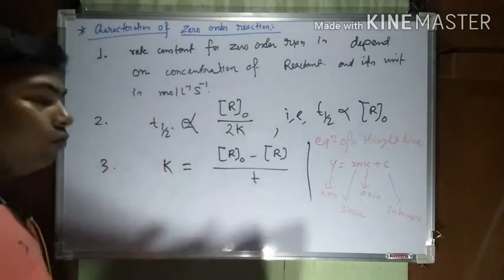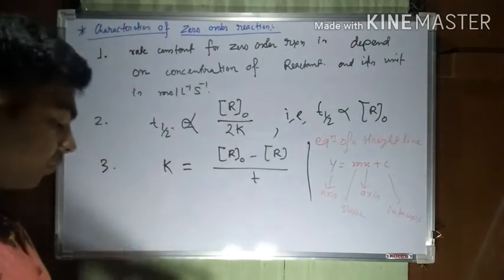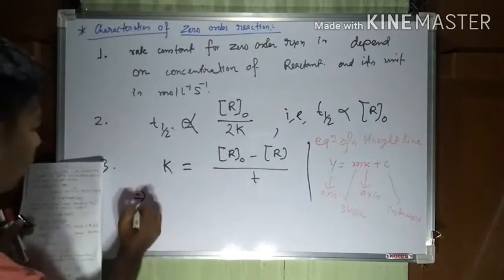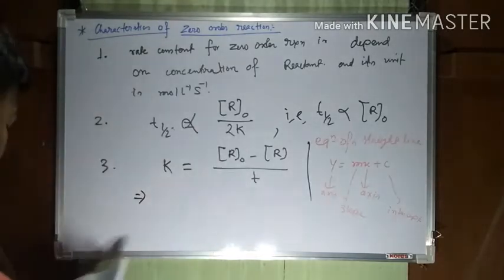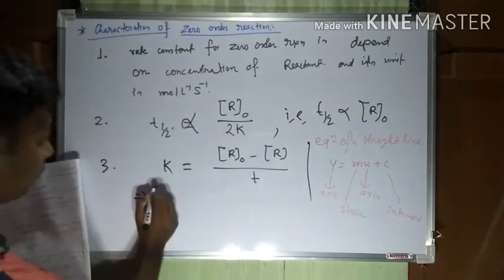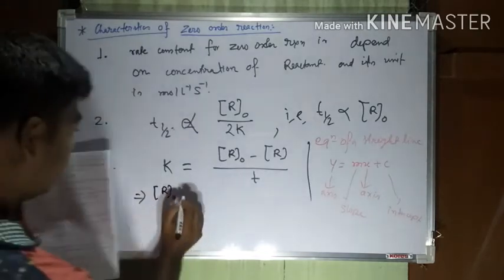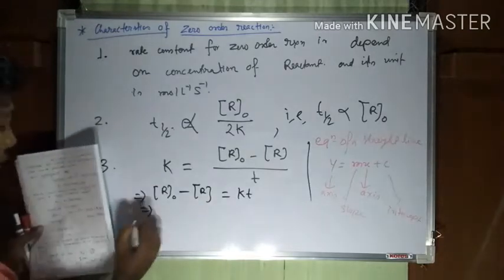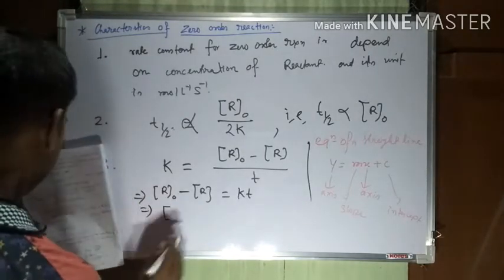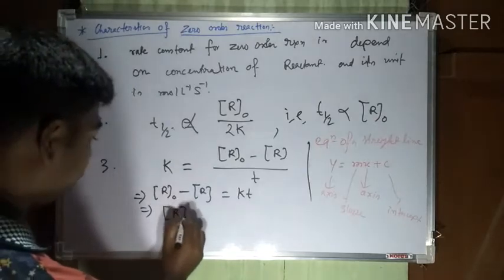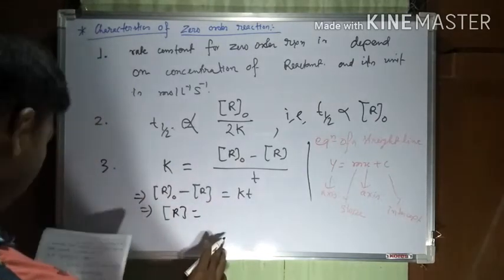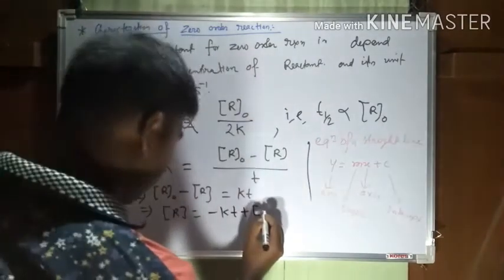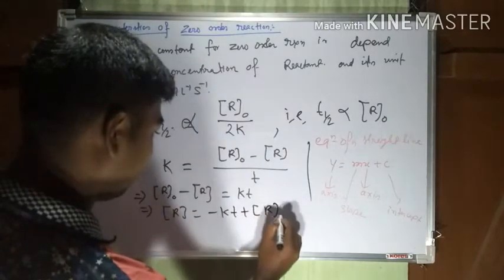Now, if we transform this equation into y equal to mx plus c, then obviously it becomes R naught minus R equal to KT. Then concentration of R equal to minus KT plus R naught.